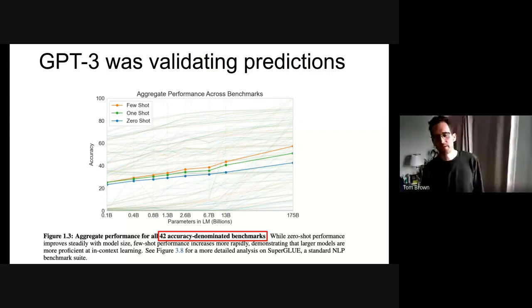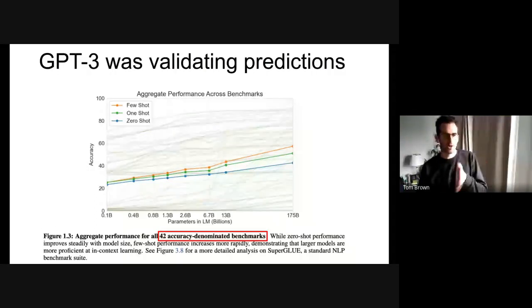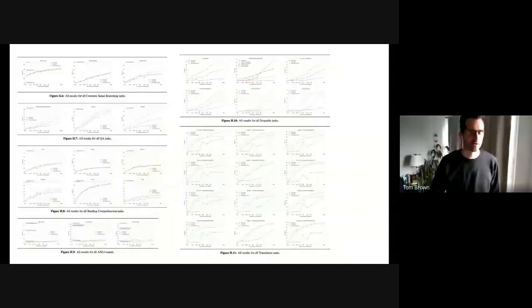By page count, the majority of the GPT-3 paper is just plot after plot showing each of these things for individual tasks. So there's a large appendix about this.